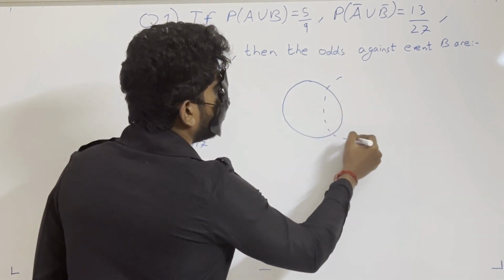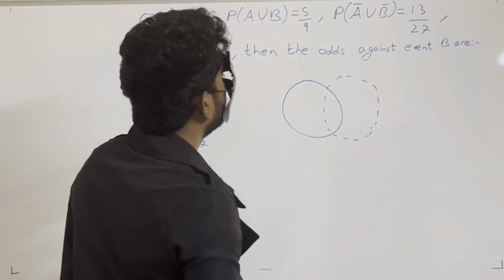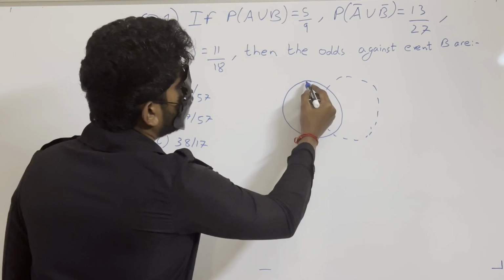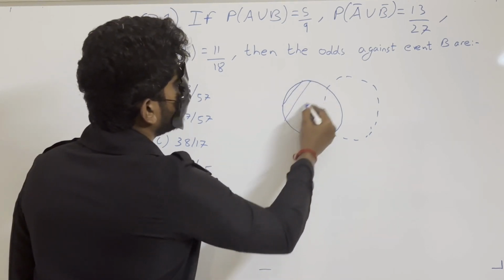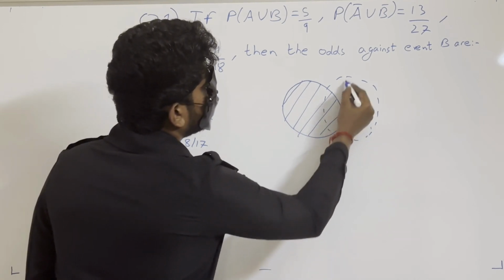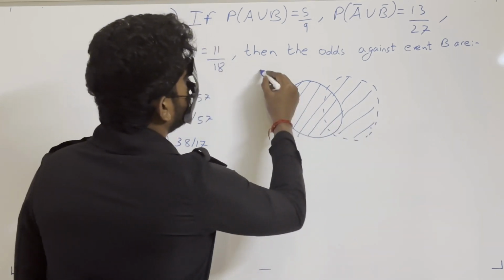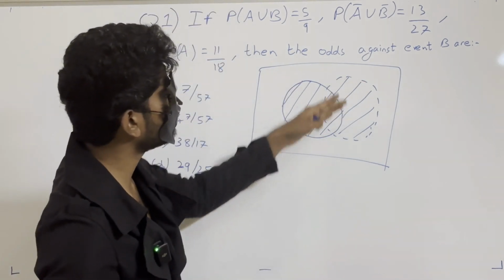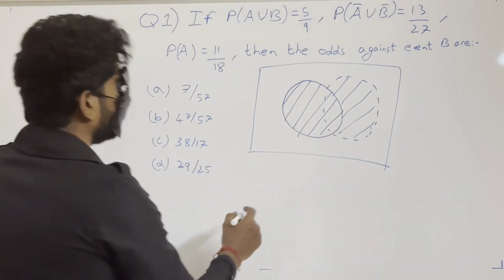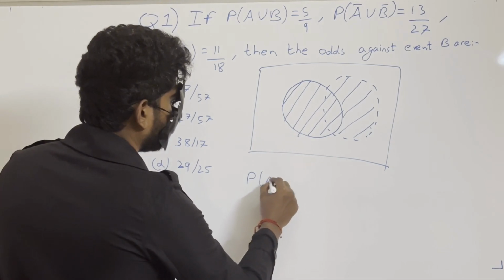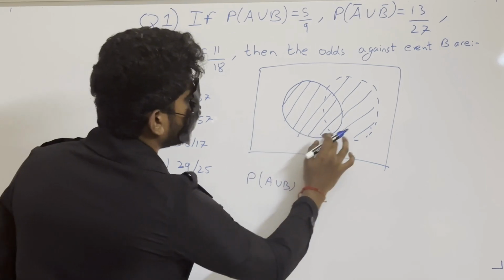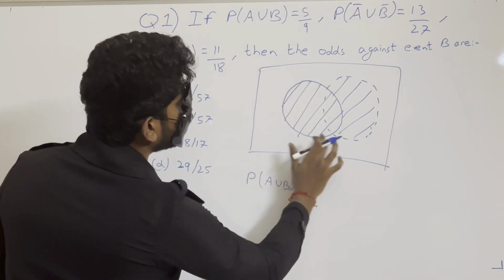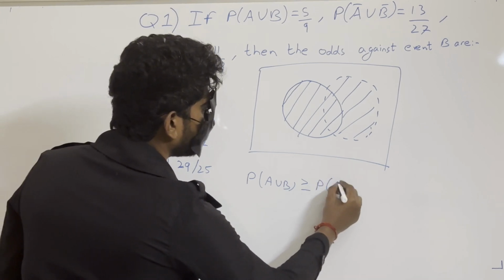This is event B. Then P of A union B is nothing but this part, out of this whole event, whichever I have put slashes. So P of A union B is always greater than or equal to P of A. What is P of A? This circle is P of A.